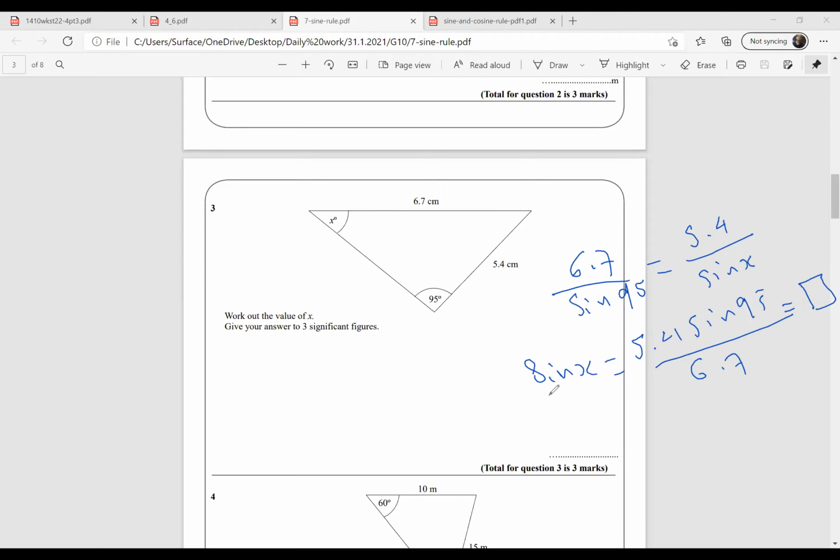So if you need x, which is the measure of the angle, you will find shift sine of the answer, which is sine to the power of -1 of the answer. Can you find it quickly, please? It will be 53.4 degrees. Okay.